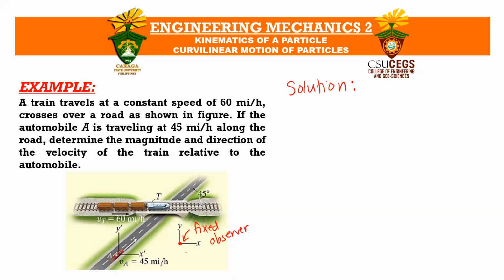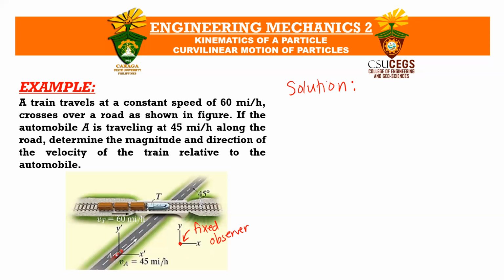This is the basis of your position vectors from the origin to your particles, the train and also the automobile.